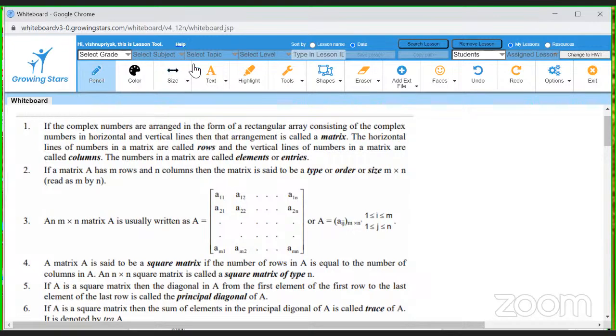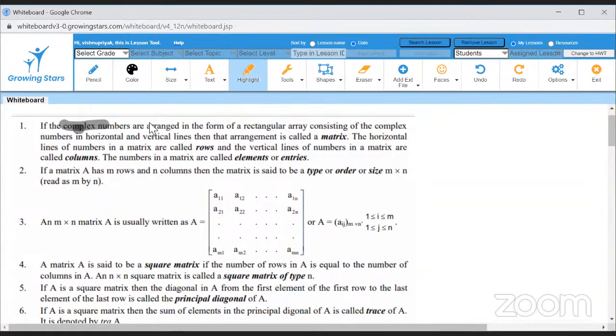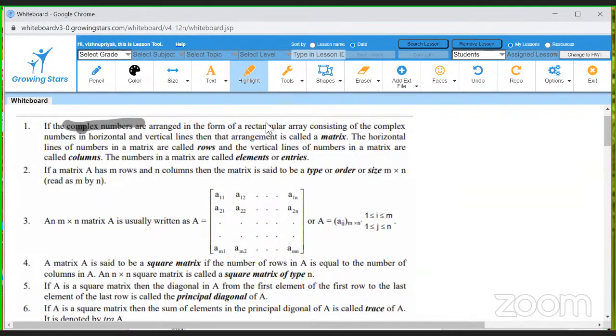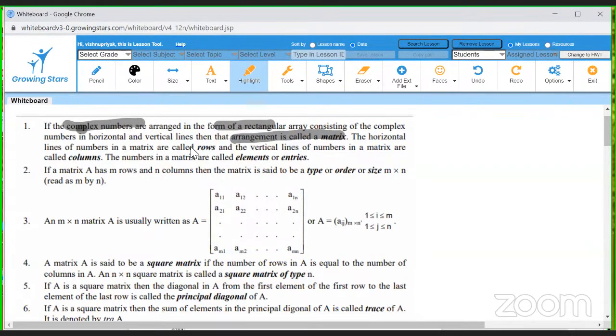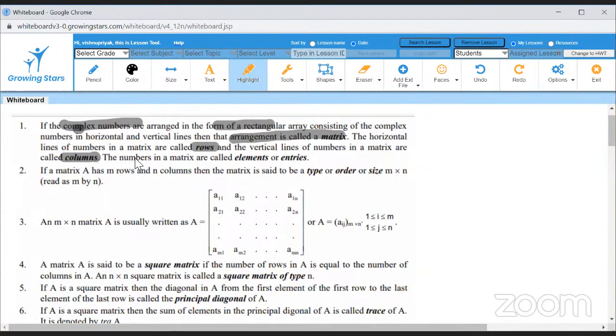Okay, here it is. If you arrange complex numbers in the form of a rectangle, then that arrangement is called a matrix. The matrix has rows and columns. The numbers in the matrix are called elements.